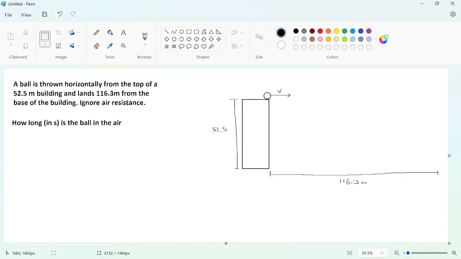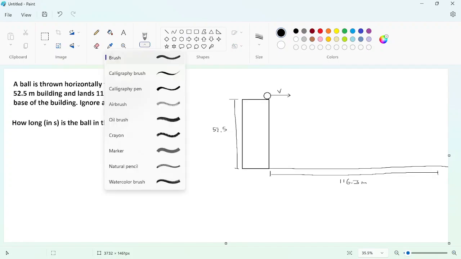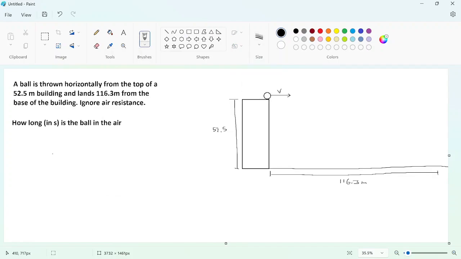So let's use the vertical component to determine how long it takes for the ball to hit the ground. Let's start by writing our formulas down.